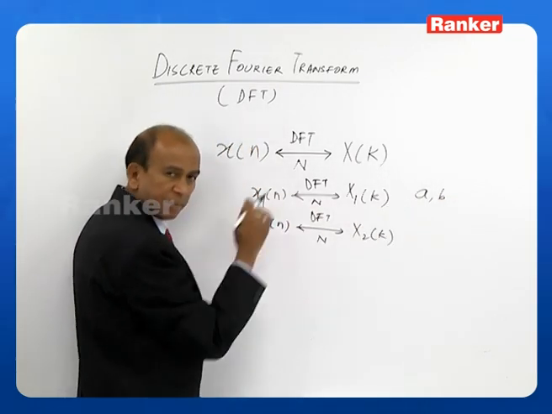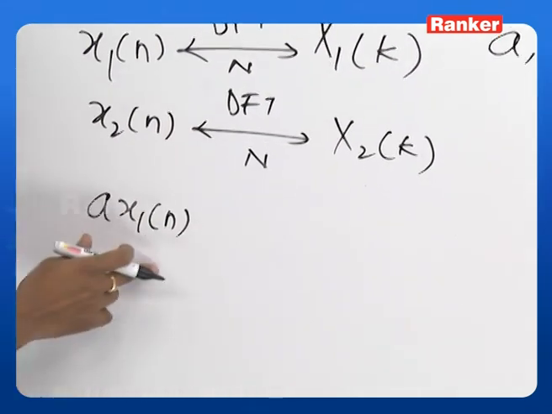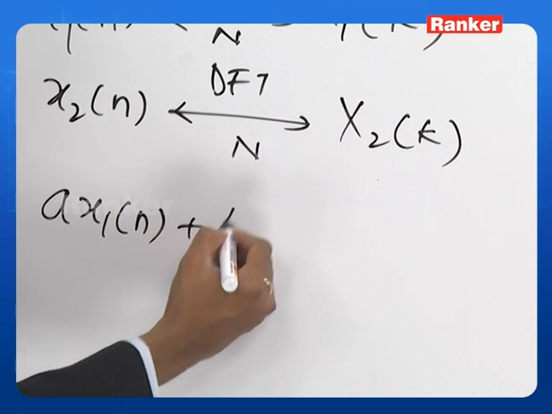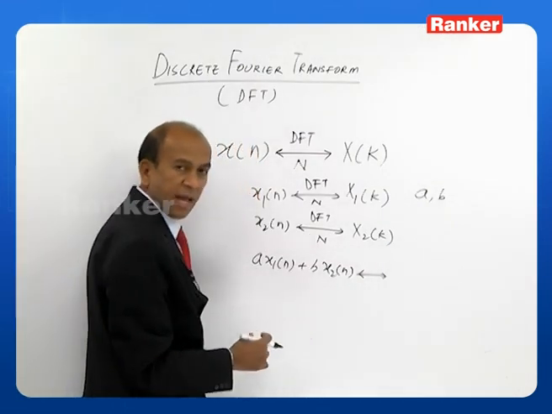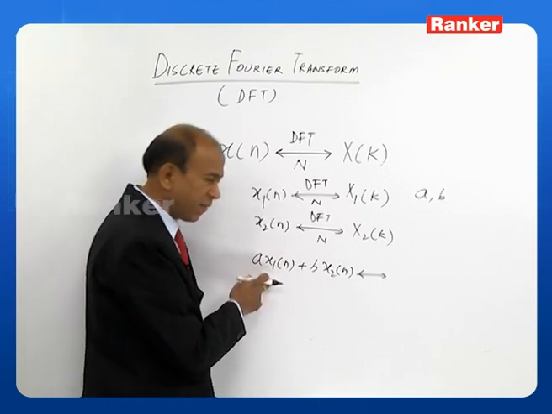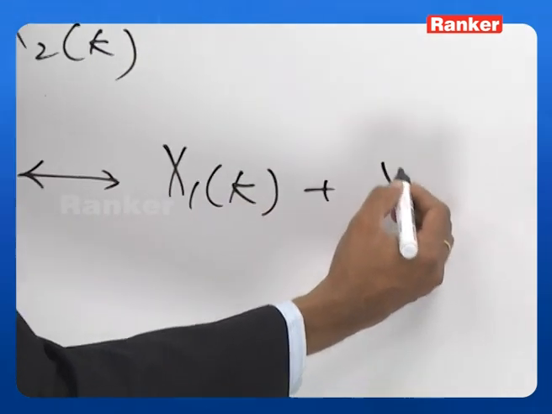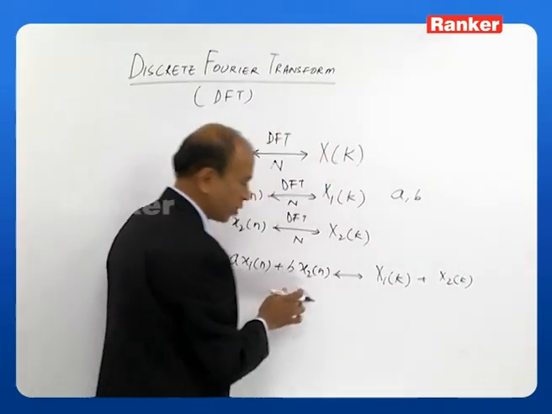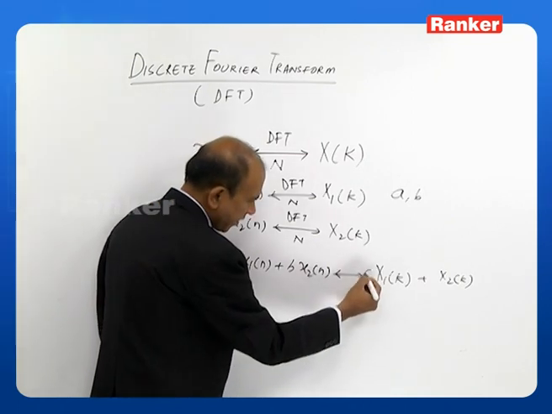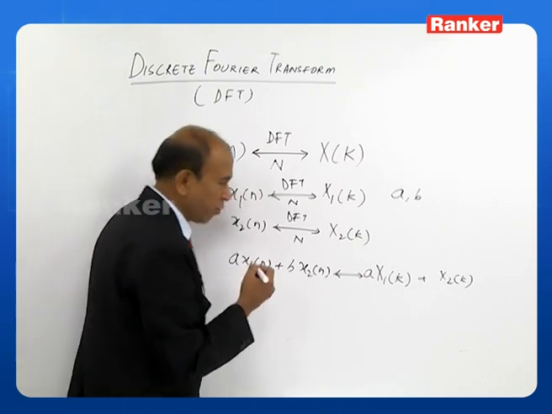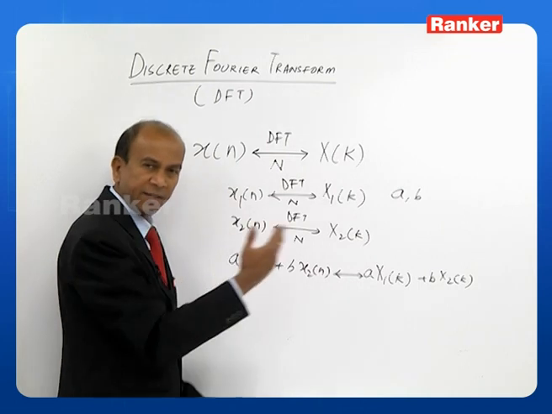When I weigh them, that means now a x1 of n, so this is weighed by this factor, plus b x2 of n will have, as you see here, individually x1 of n having x1 of k as its DFT, and we know that x2 of n is also having x2 of k. So when I am multiplying with a certain constant here, even if I calculate the DFT, that also will be carried on there. So this is what is called the linearity property.